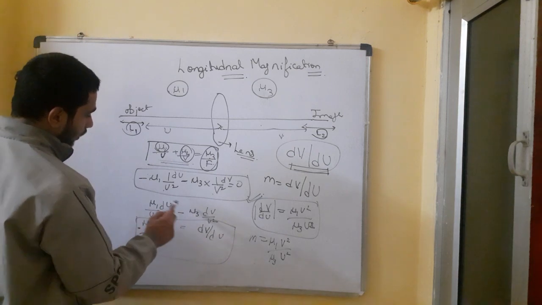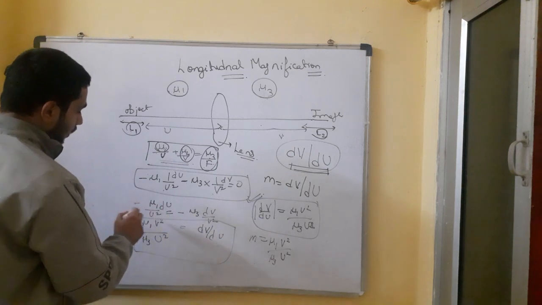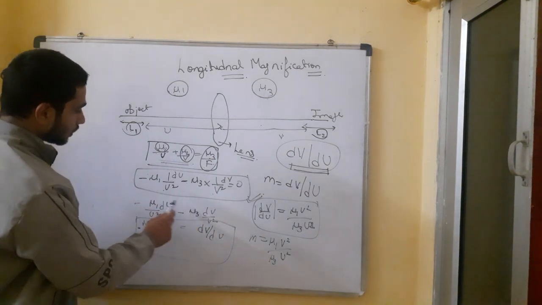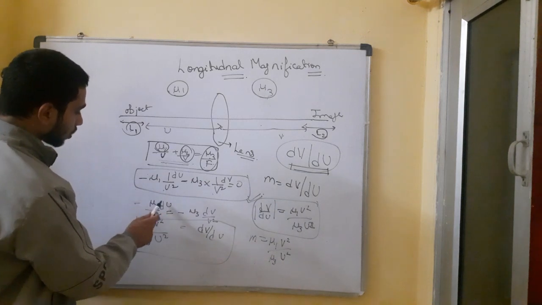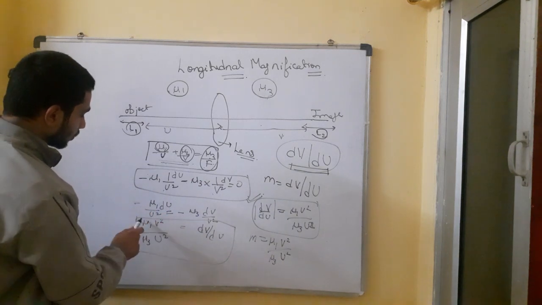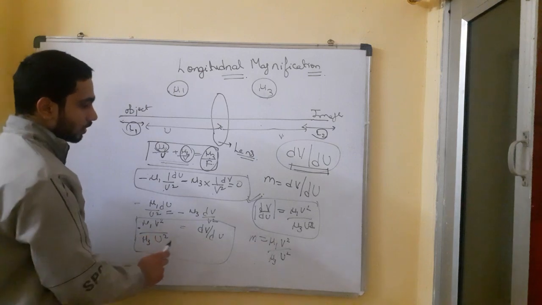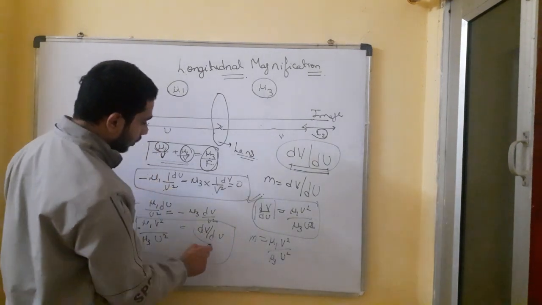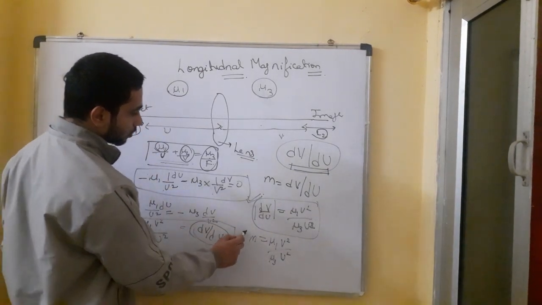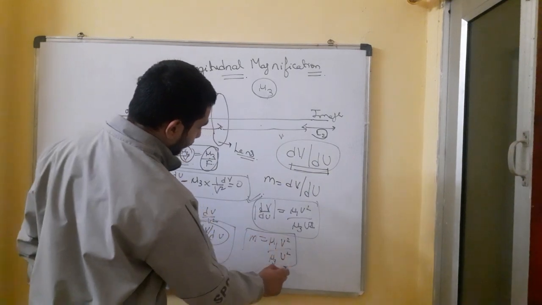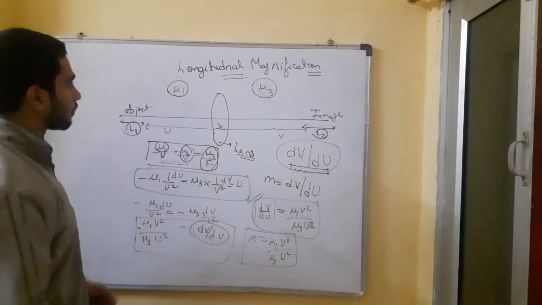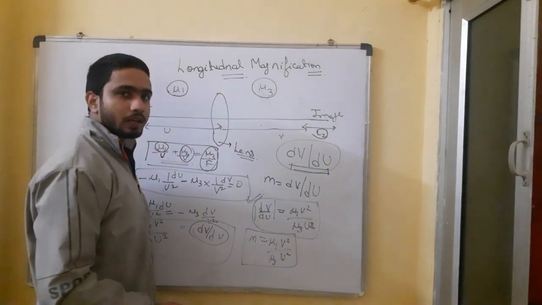Then taking this on the other side and solving, we get dv by du. So this v square will come here, and this μ3 will come down. And dv by du was our magnification factor. So this is the magnification factor for longitudinal magnification.